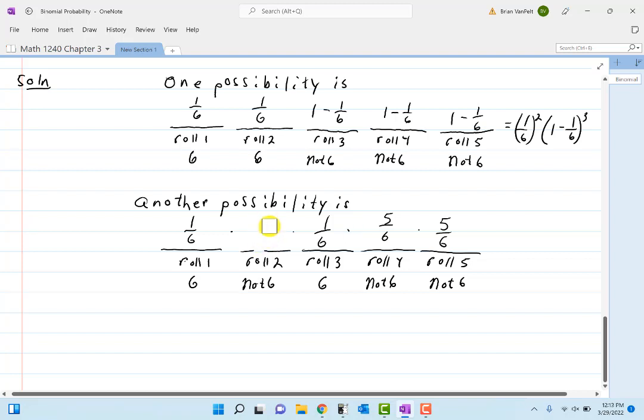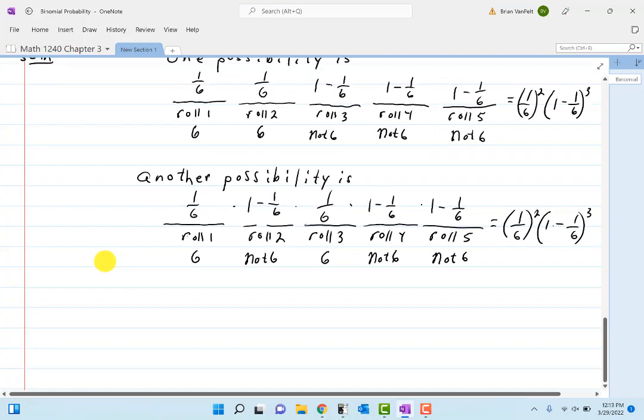I want it to fall into the same formula as I did before, because I'm really trying to show you how the formula kind of develops. Notice this probability is exactly the same as the previous one. You're going to get 1/6 raised to the second power times 1 minus 1/6 raised to the third power.